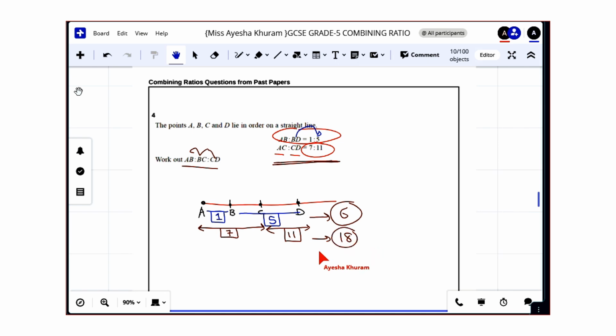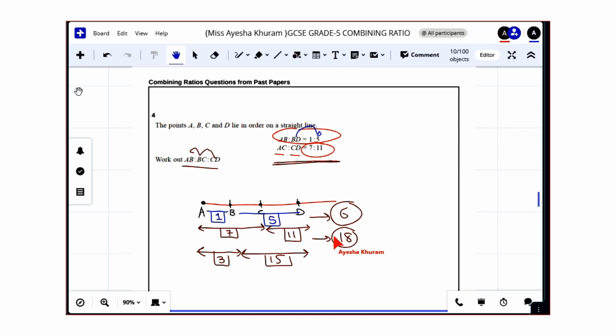Now you're thinking, what numbers should I get here? For A to B, I get 3, and for B to D, I get 15. Why?